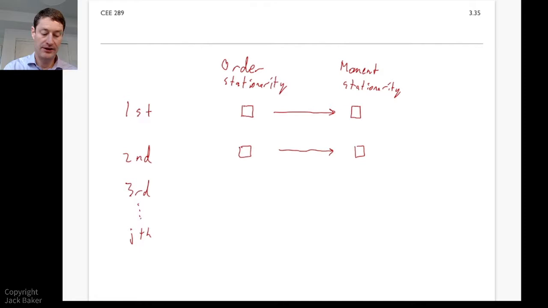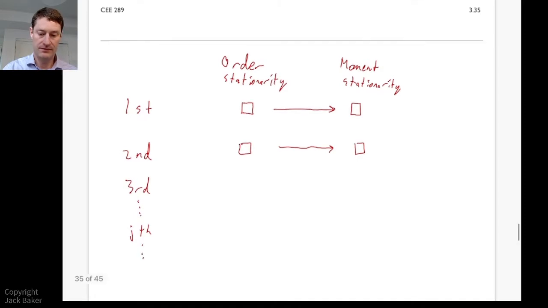And then let's go down to infinite at the bottom. Mathematically, we could have this infinite dimensional joint probability density function. If that was unchanging to shifts in time, that would give us infinite order stationarity. Okay?